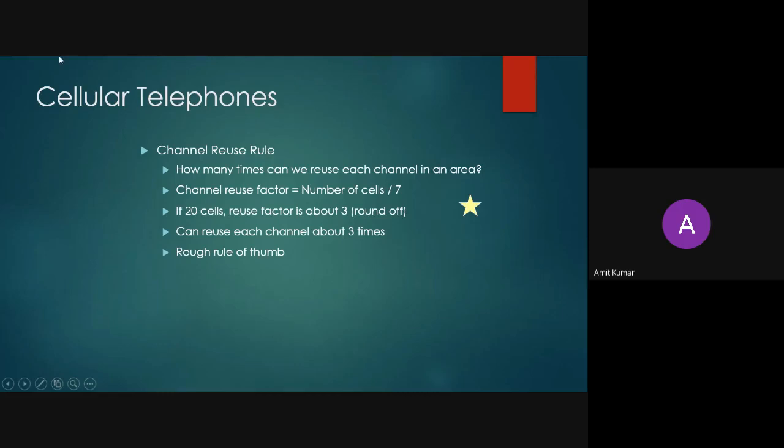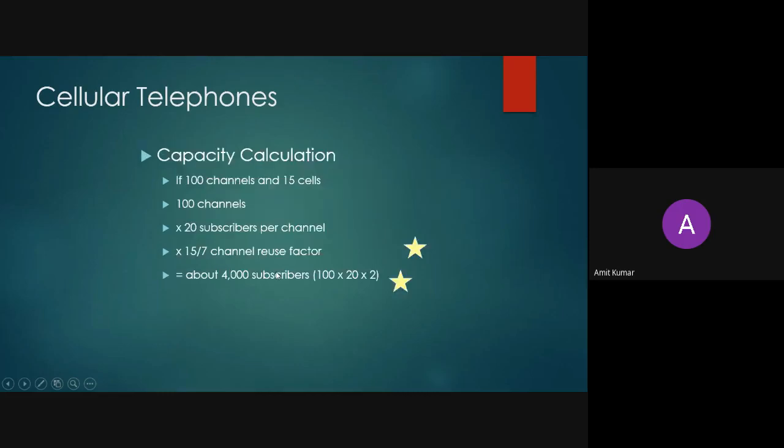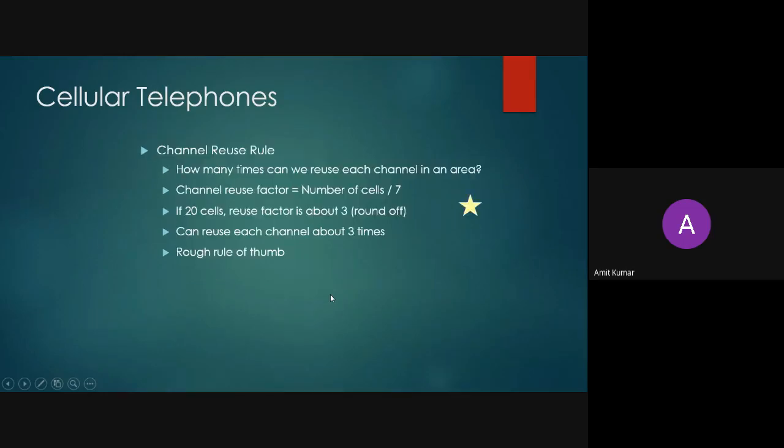There are some rules to reuse the channel frequency. These are the following conditions. First, how many times we can reuse the channel in an area, that you need to calculate.